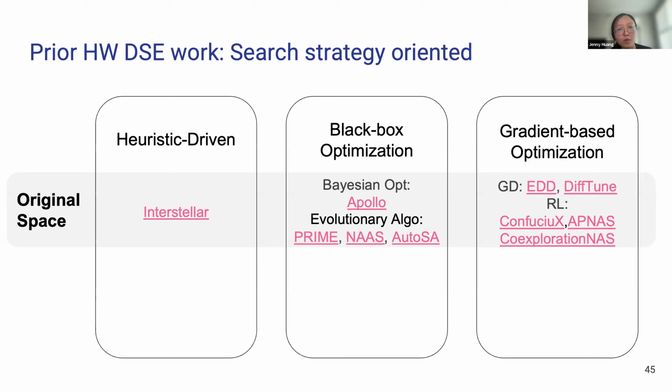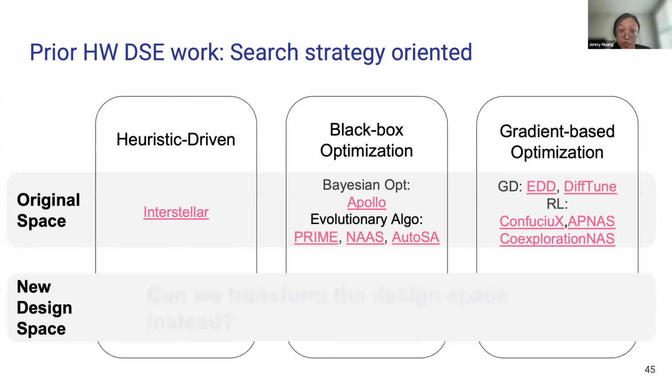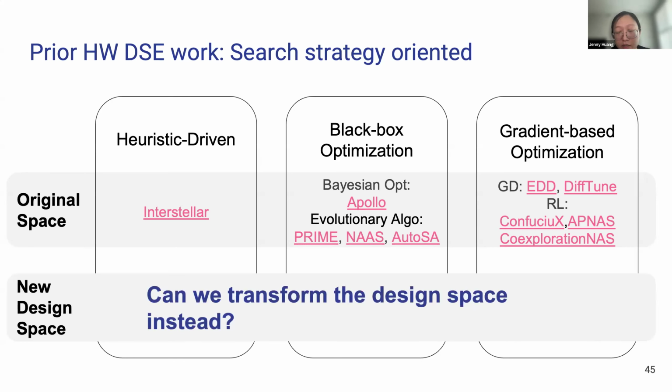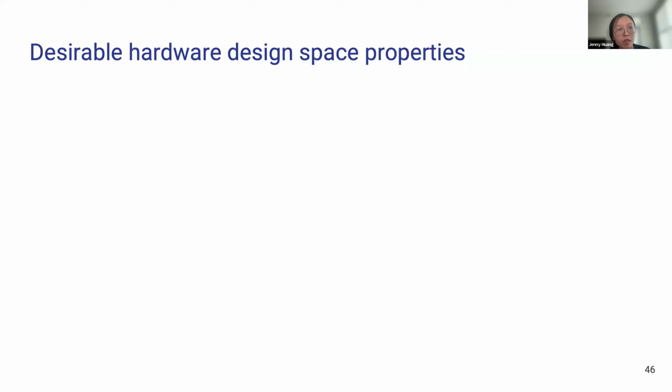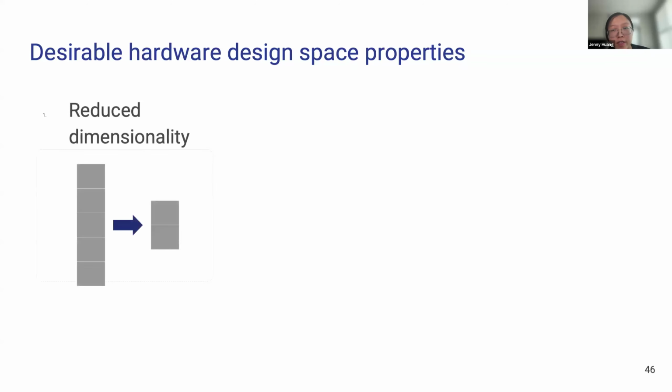So our thought was: can we generate a new search space, one that is more friendly for existing search algorithms to search on? Ideally, we want a space with reduced dimensionality, so we can analyze and navigate it more easily.